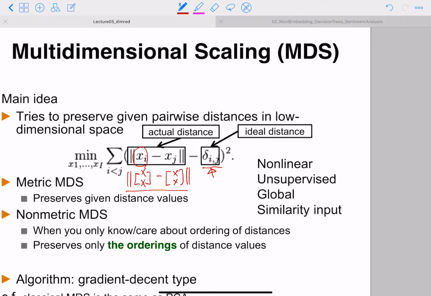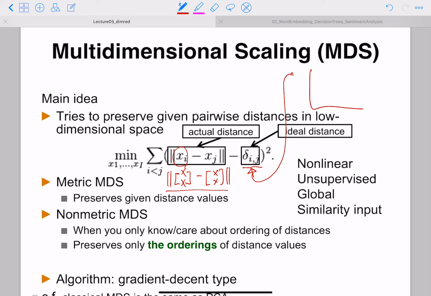This is the i, j component of D_H, so that is our delta_ij. That is our ground truth or target distance value that we want to fit.